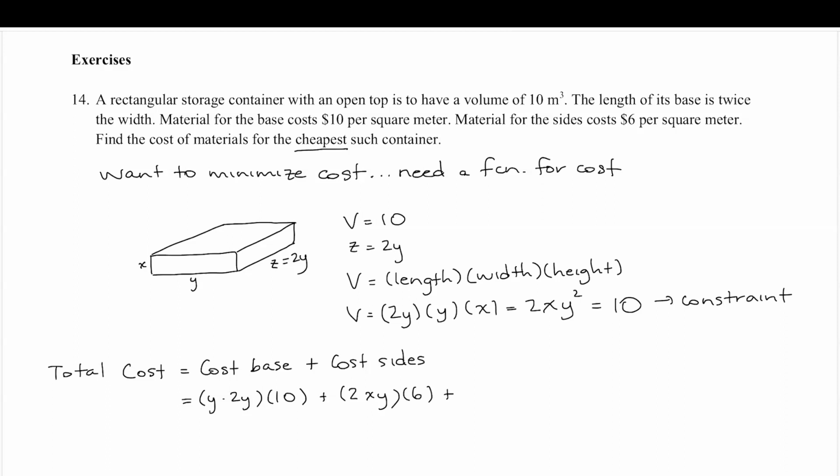Plus I have two sides, the left and right sides, the way my drawing is, and those are x by 2y. That's not a decimal point, it's supposed to be a multiplication.